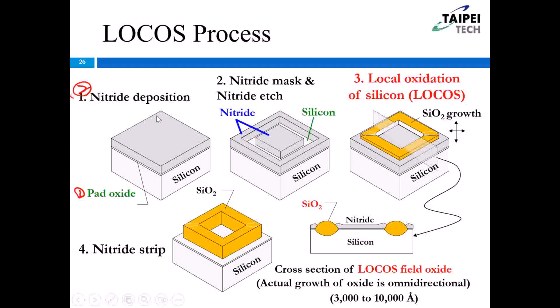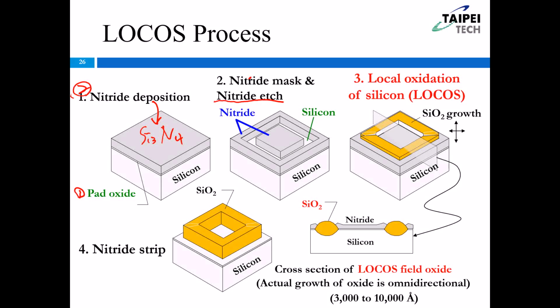So the pure oxide must grow before the nitride deposition. Right now the gray area is the nitride, as we mentioned earlier. Then we go to the photolithography department, where we define the pattern for the nitride, and we remove the central area of the nitride.